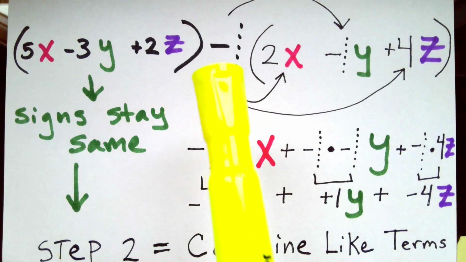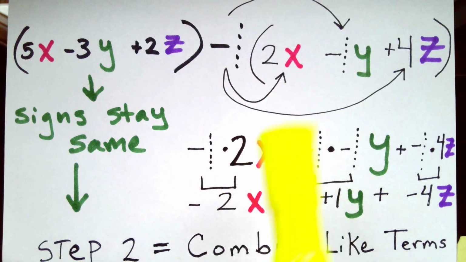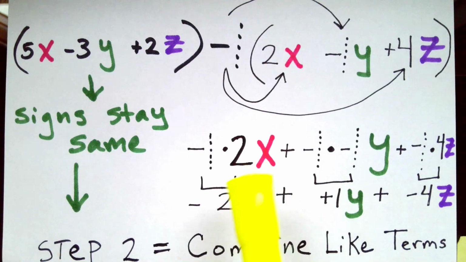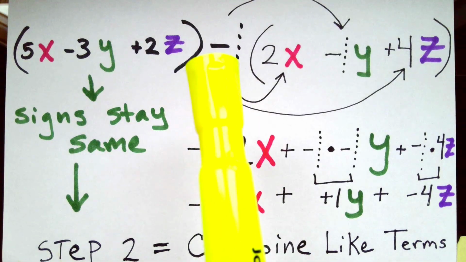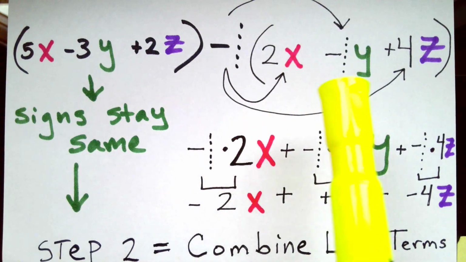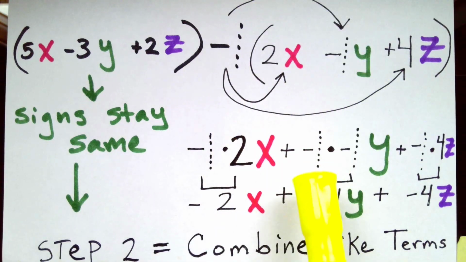All right, so negative 1 times 2x. A negative 1 times a positive 2 is negative 2. You're just going to bring down that x. Plus, plus. I always separate my next operation with a plus sign. It only clarifies. It does not confuse. So I'm going to multiply negative 1 times a negative 1y. And that's what you see here.